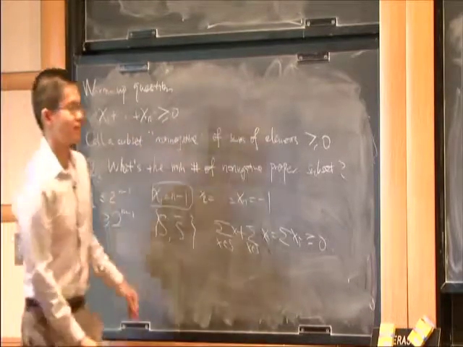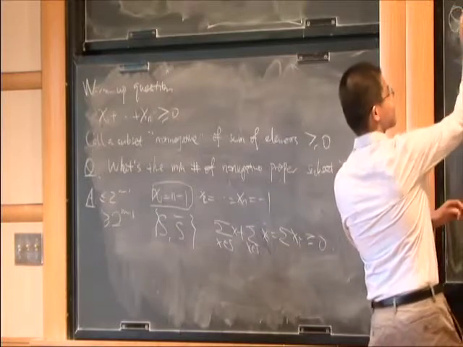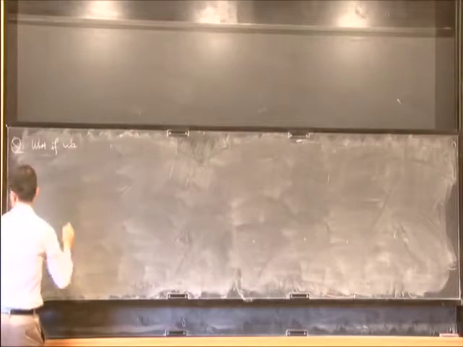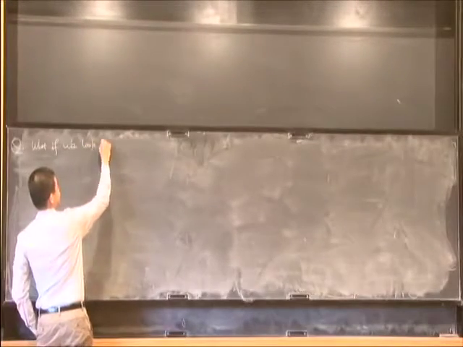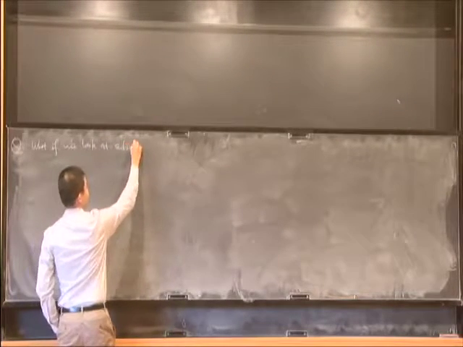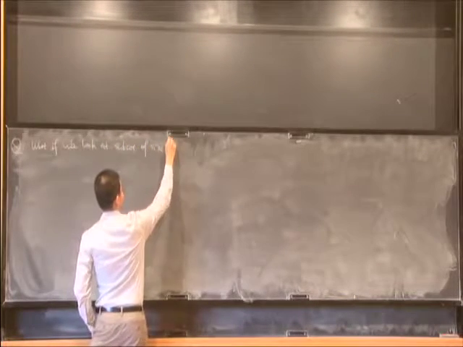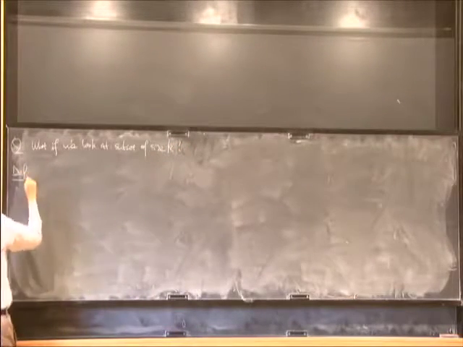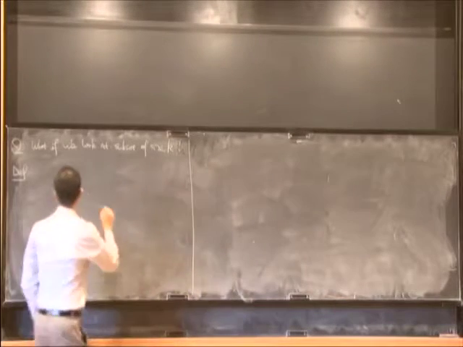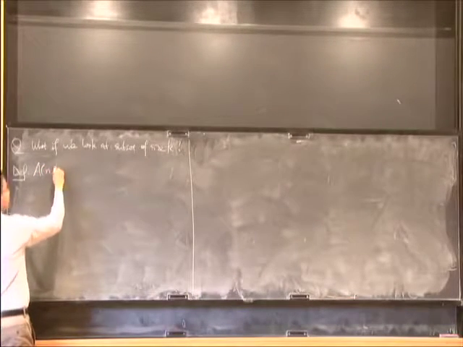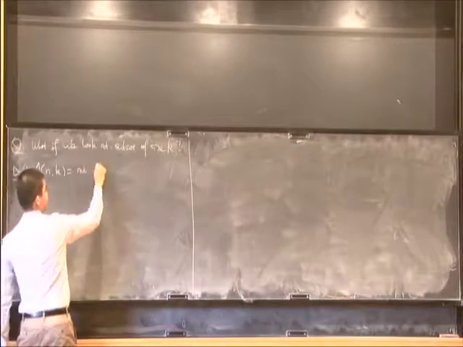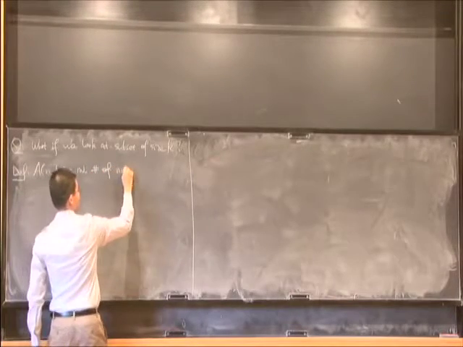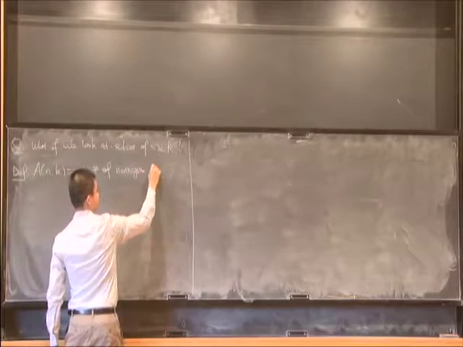So now I'm asking a new question. What happens if we look at only the subsets of fixed size? Here I define A(n,k) to be the minimum number of non-negative subsets of size k.